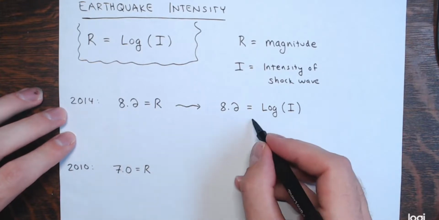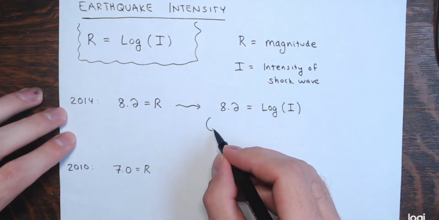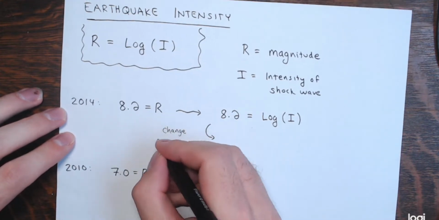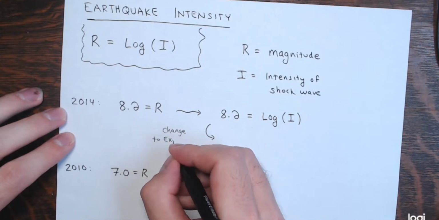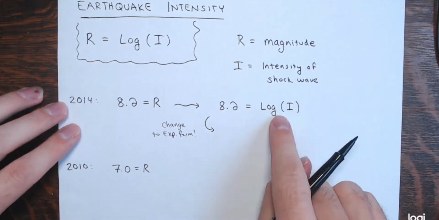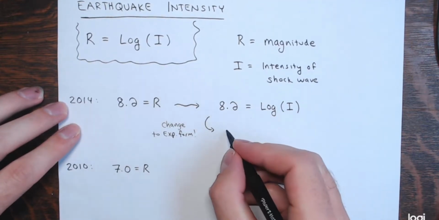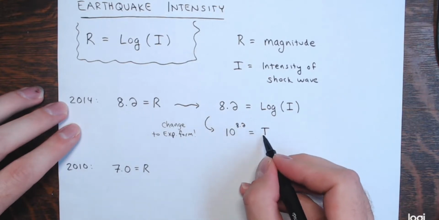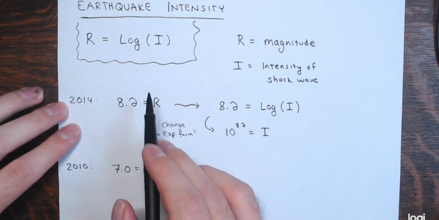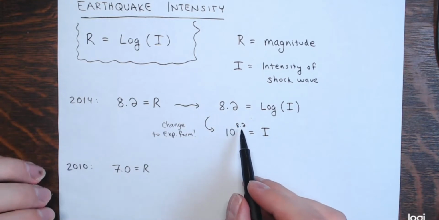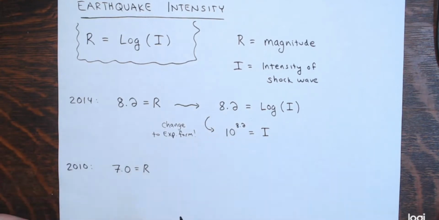Now if you remember, if I change to exponential form, we can solve for I. Remember, this is base 10, so 10 to the 8.2 power equals I. So the intensity of the Chilean quake in 2014 is 10 to the 8.2 power units, whatever the units of that are.